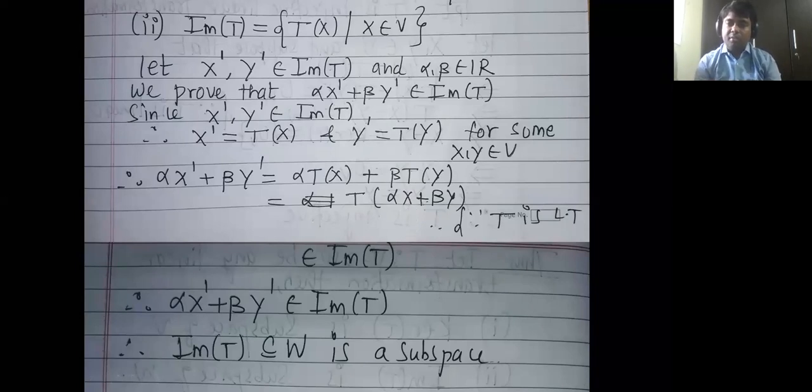So the linear combination alpha x plus beta y is again a vector in the domain. Means what? This alpha x dash plus beta y dash, which we have written as the image of alpha x plus beta y, belongs to the image set of the linear transformation T. That is, alpha x dash plus beta y dash belongs to image T, and therefore by the theorem, image T inside W is a subspace.